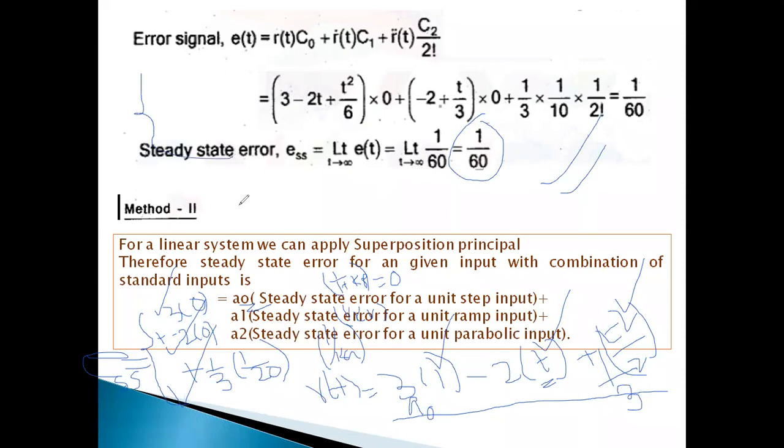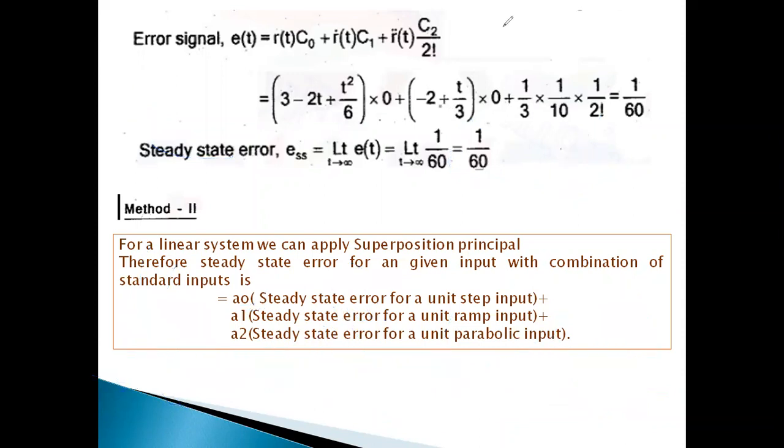If it is a combination of standard inputs, then we can use this method. You will get the same answer. Is it clear? If you have any doubts, you can raise your doubts.